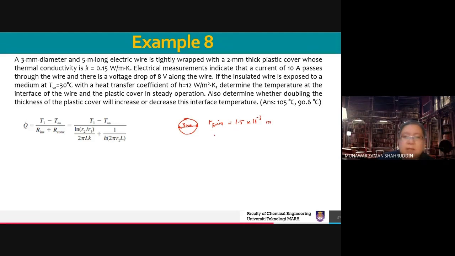So R of insulator is 1.5 times 10 to the power of negative 3 plus 2 mm, 2 times 10 to the power of negative 3, so it becomes 3.5 times 10 to the power of negative 3. This is the new radius, R2.